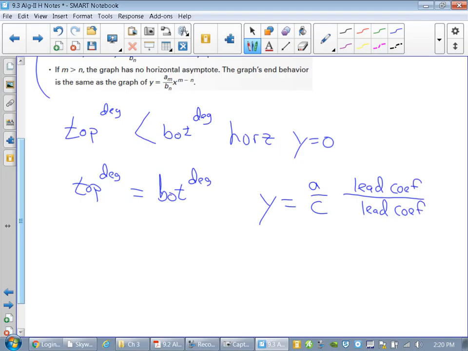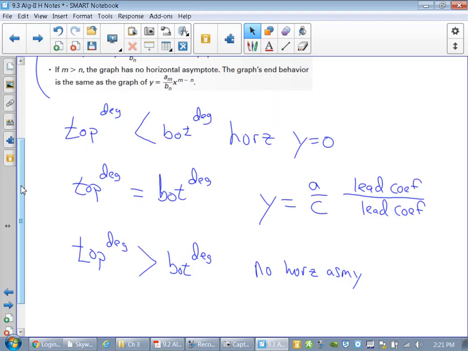And then the last one, if the top degree is greater than the bottom degree, we have no horizontal asymptote. We will have a slant asymptote sometimes, but we'll get there.